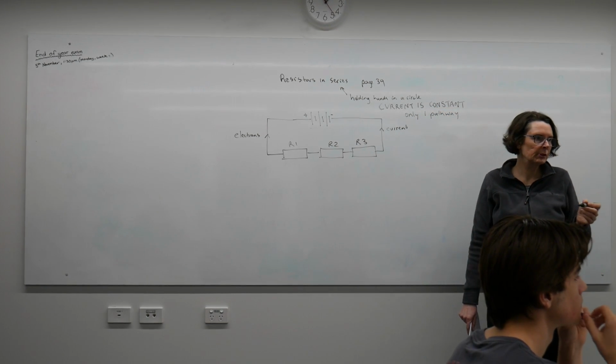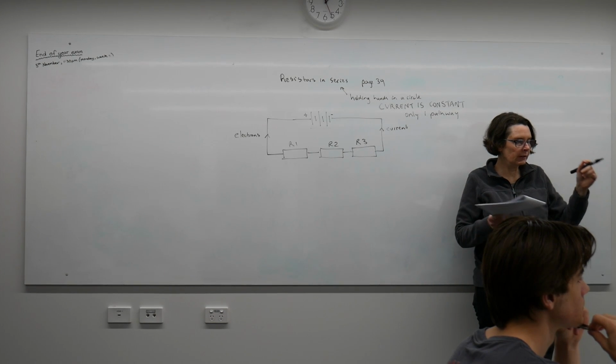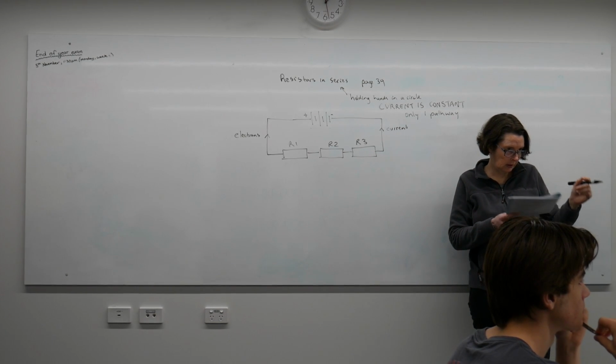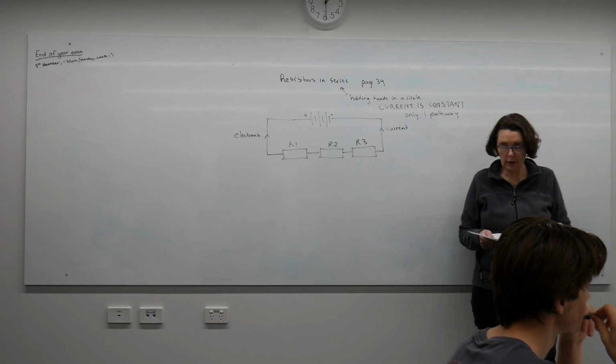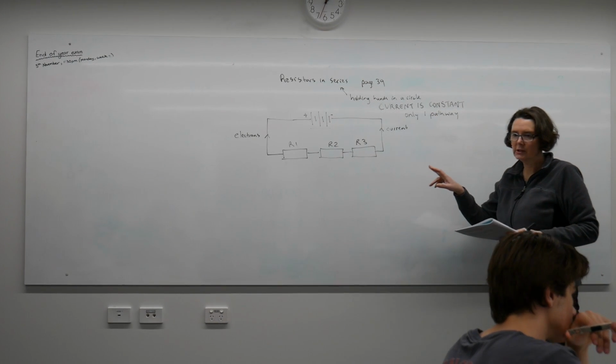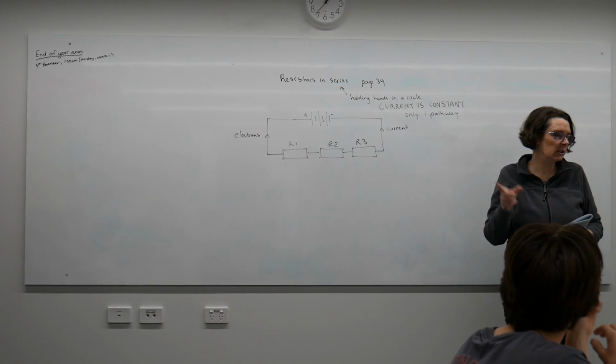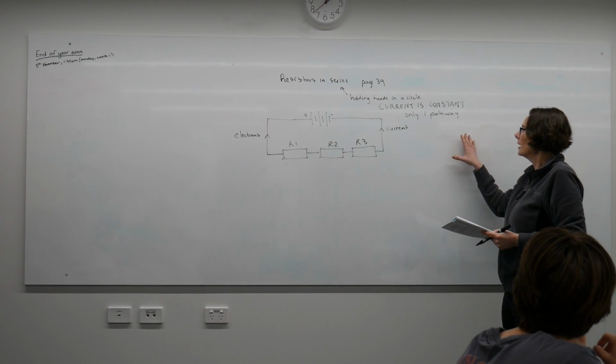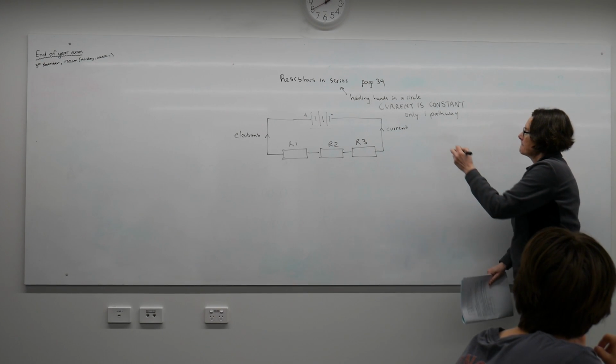So the electrons are all going to have to travel at the same rate through the circuit, and they have to go through the same wires and the same resistors, so our current is constant.